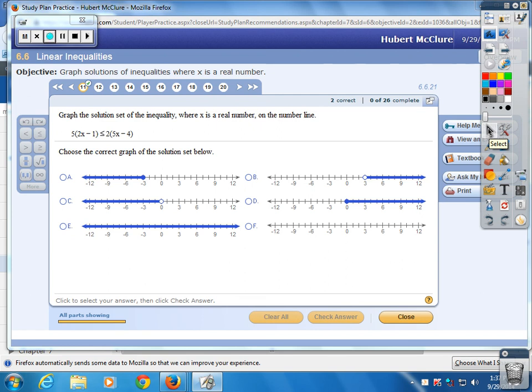This one says 5 times 2x minus 1 is less than or equal to 2 times 5x minus 4.